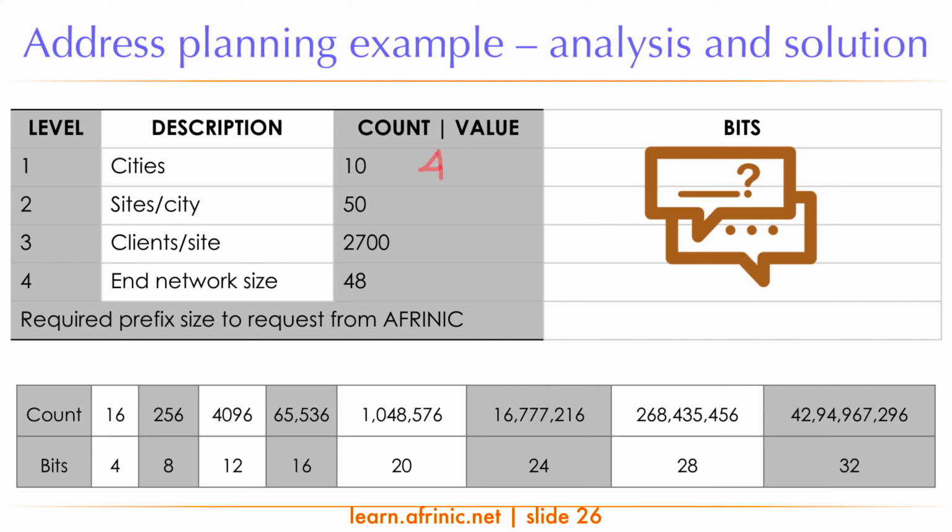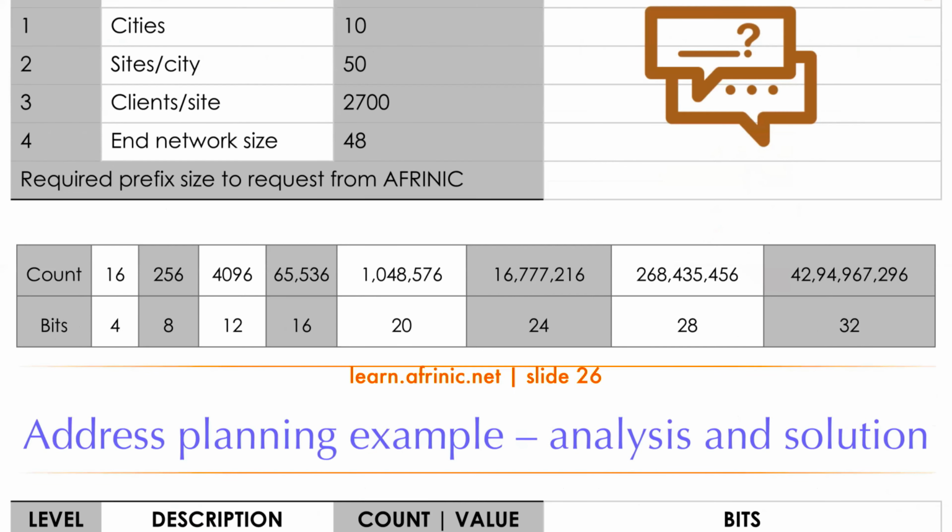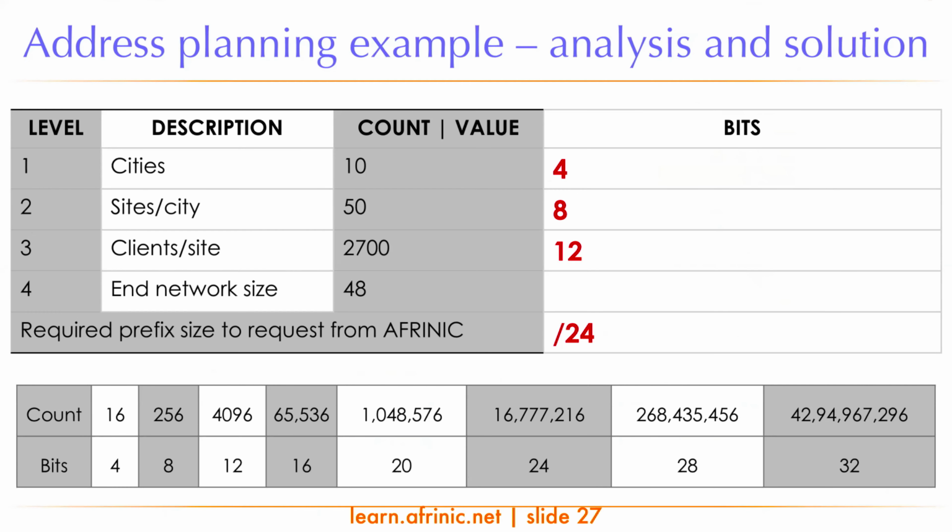And then for the sites, we need 8 bits. Then for the clients per site, we need how many bits? 12 bits. The network prefix, or the prefix to request from Afrinic, will just be this, the 4 plus 8 plus 12, minus our network prefix, or what we'll be allocating to each of these customers.